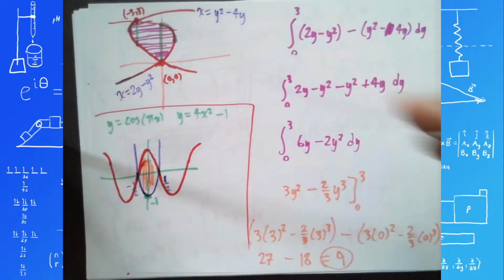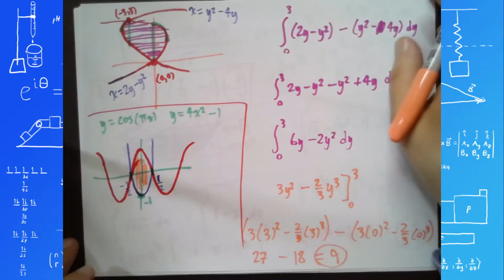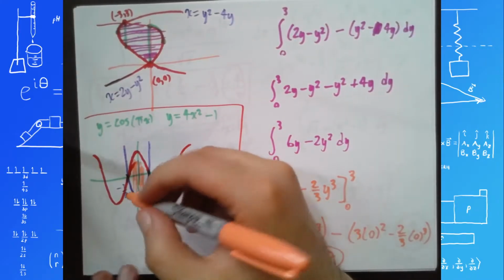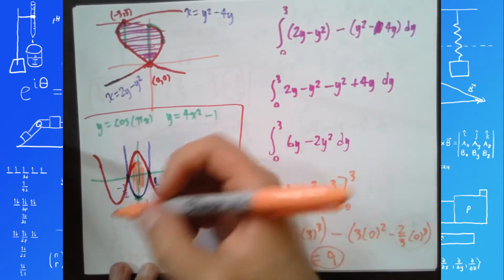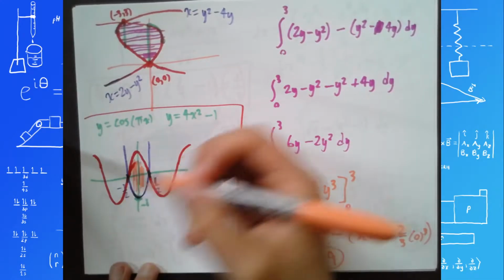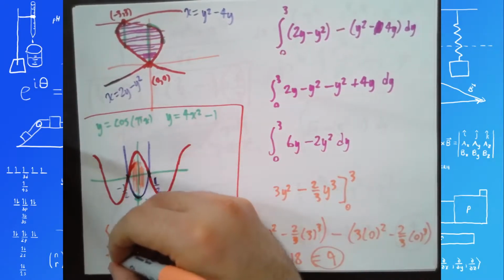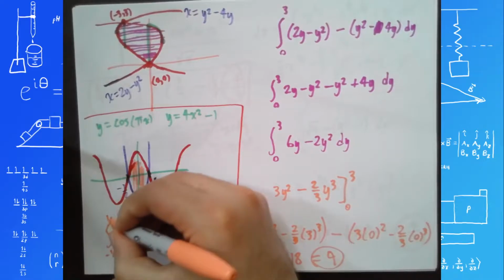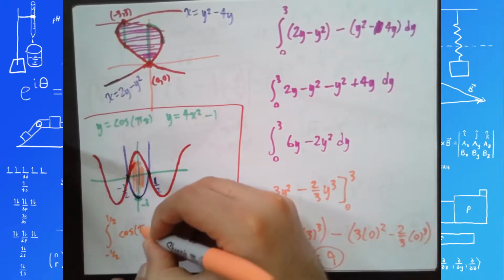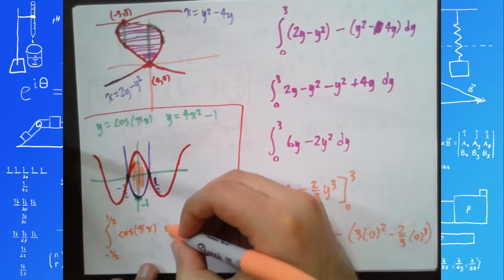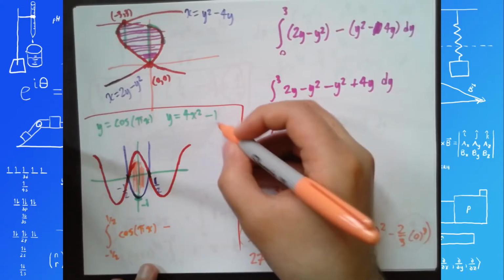And it looks like integrating vertically makes the most sense, so integral of top curve minus bottom curve, and it looks like it's from -1/2 to +1/2. Okay, so let's see, integral from -1/2 to +1/2 of cosine of pi x is our top curve in this case, minus 4x squared minus 1.